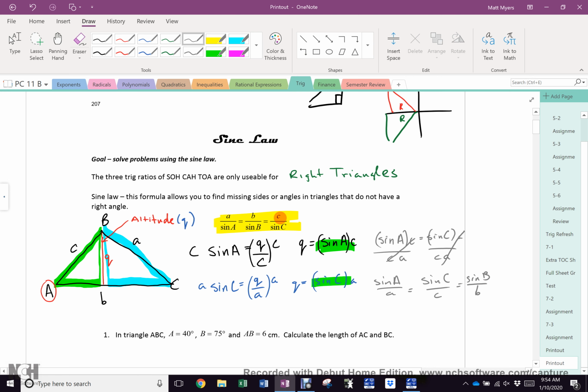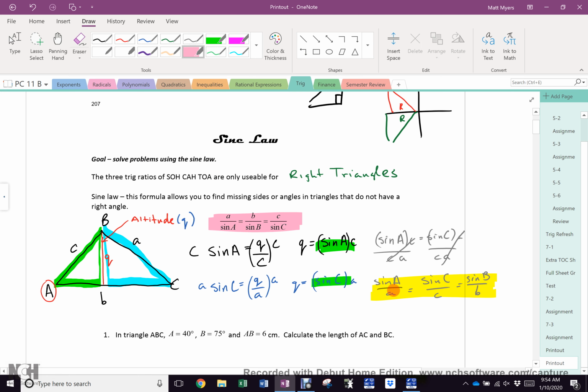Now, you will notice it is written this way here, and it is written this way here. Is there any difference? No, of course not. Everybody cool? This is the way I learned the sine law. For some strange reason, it became sexy to draw or write it this way in the 25 years since I learned the sine law.